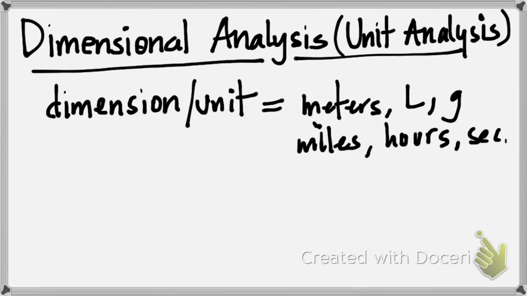As far as the analysis piece goes, when we're dealing with dimensional or unit analysis, we're essentially trying to convert one measurement that's in one type of unit system into a number of a different type of unit system to make it a little bit easier to deal with.